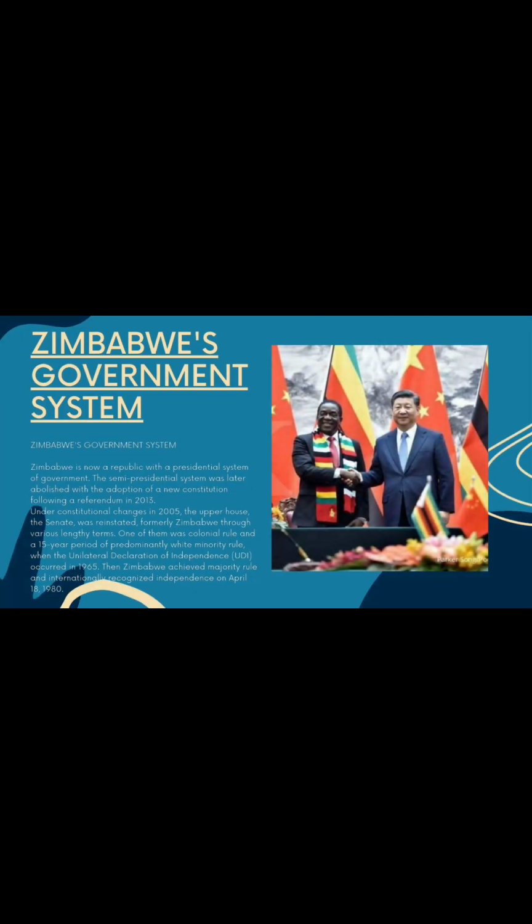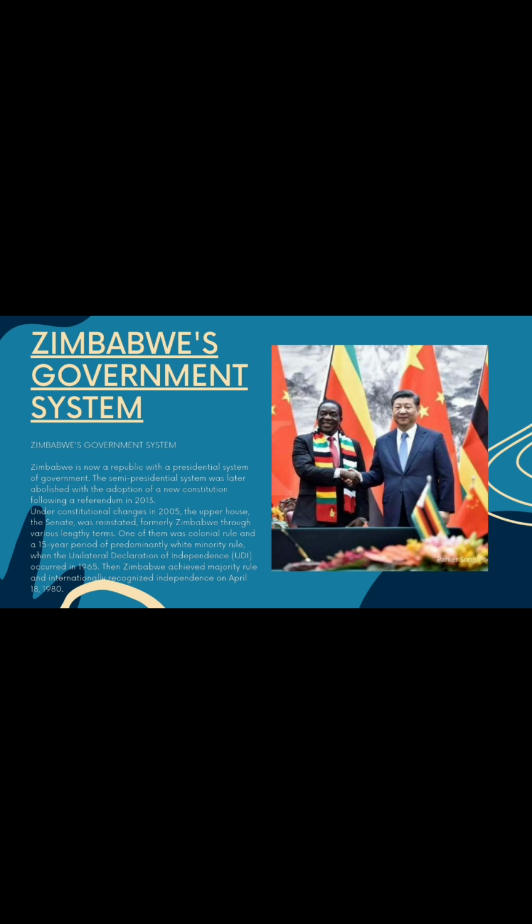Zimbabwe government system. Zimbabwe is now a republic with a presidential system of government. The semi-presidential system was later abolished with the adoption of a new constitution following a referendum in 2013. Under constitutional change in 2005, the upper house, the Senate, was reinstated. Formally, Zimbabwe went through various legal stages.